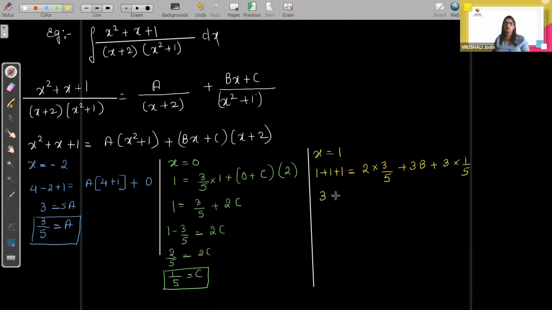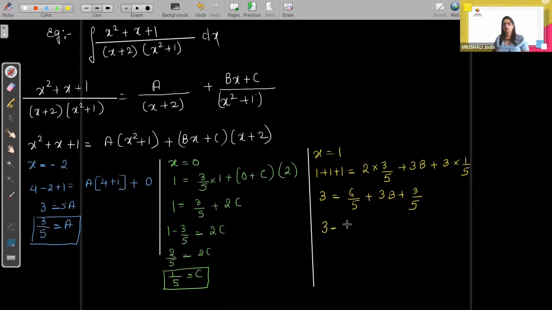This is equal to 3 equals 6 by 5 plus 3b plus 3 by 5. What are you left with? So we can take 6 plus 3 is equal to 9 by 5 here, correct?